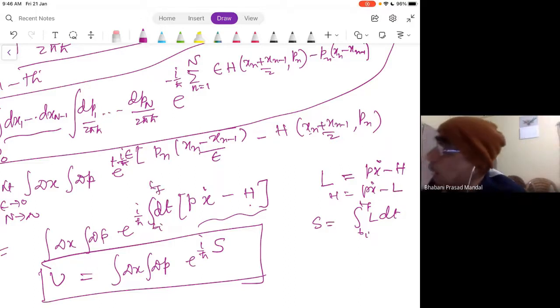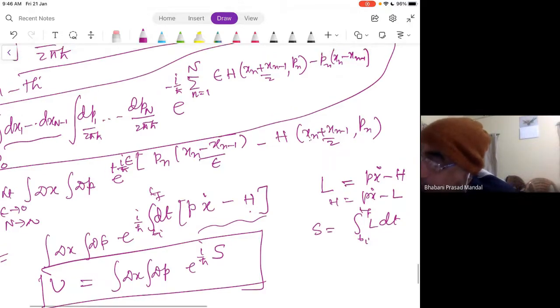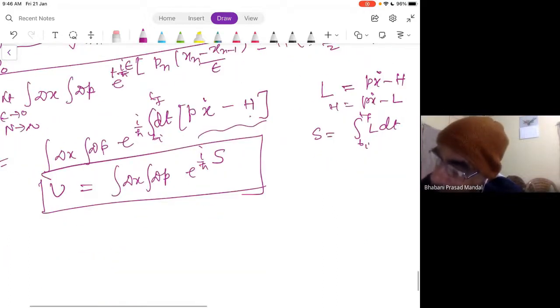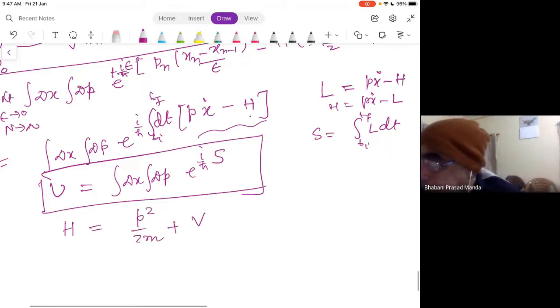So the path integral amplitude we have now calculated, and it is written like this formula. But one thing we can do is the momentum integration. If you have a non-relativistic system, the Hamiltonian is basically p square by 2m plus V, right?